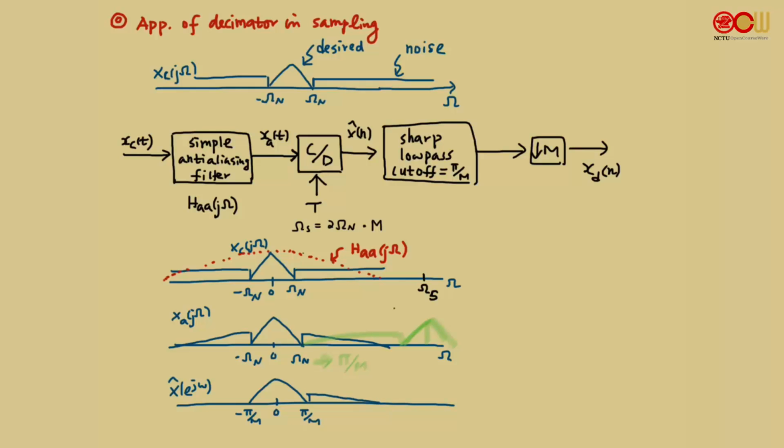There will be aliased noise because of the shifted copy. And this is 2π. ωs will become 2π. Like this. Okay, and this is unwanted aliased noise.